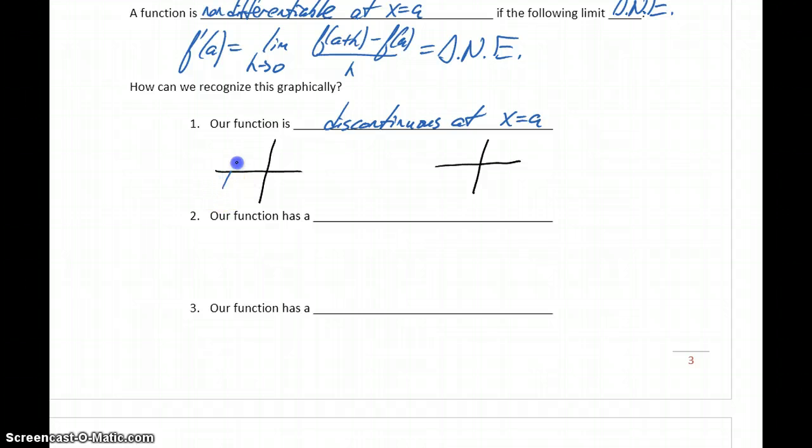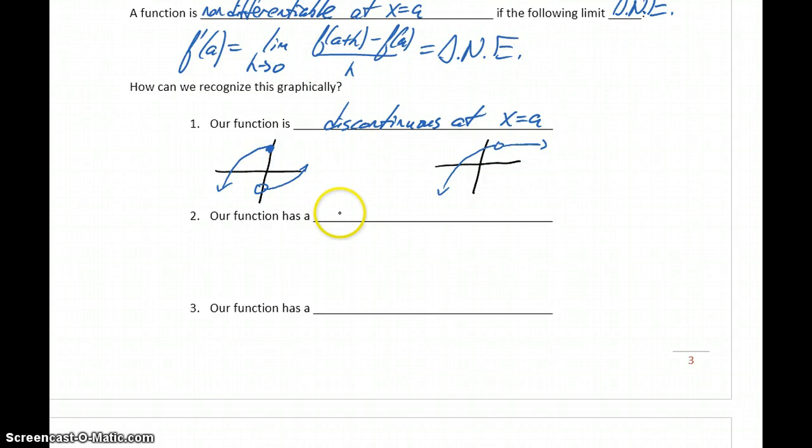So this could be if we have a break in our graph, so here we have a break in our graph. At that point, our function would be discontinuous. Or if we just have an open hole in the graph, again, here at this open hole, the derivative would fail to exist because this limit would not exist.